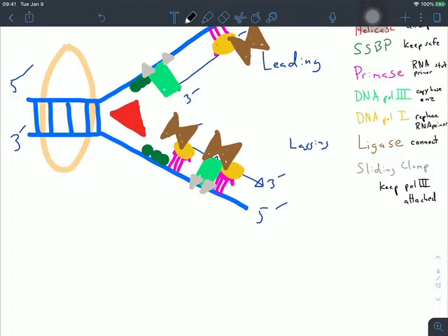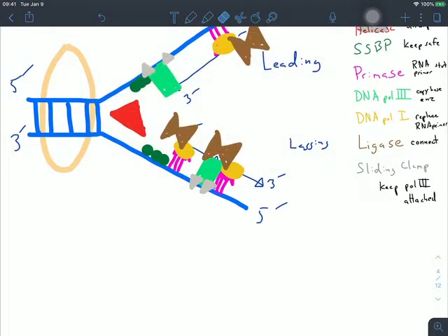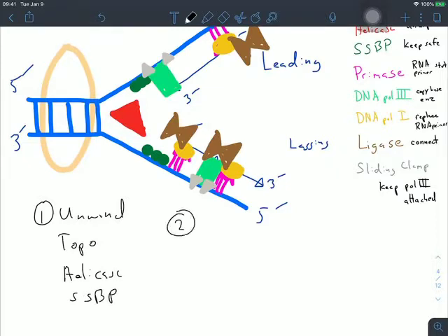So, broadly speaking, DNA replication happens in 4 different steps. Let's grab a little thinner marker here. Step 1 is our unwind step. That involves your topoisomerase, your helicase, and your SSBPs. Step 2 is our primer step.